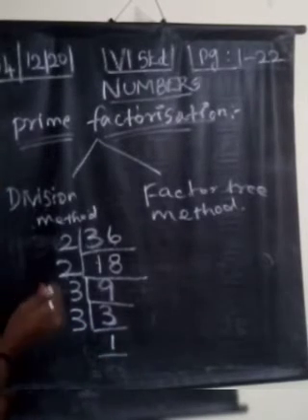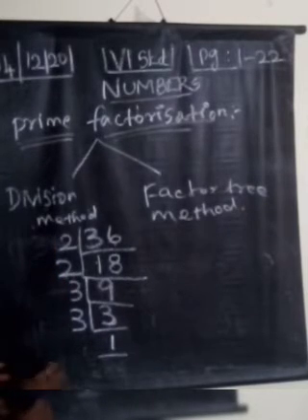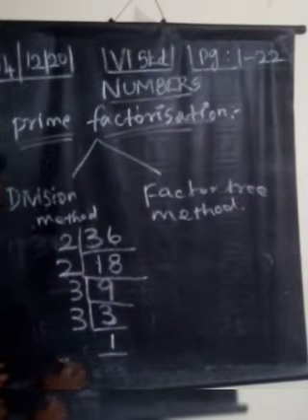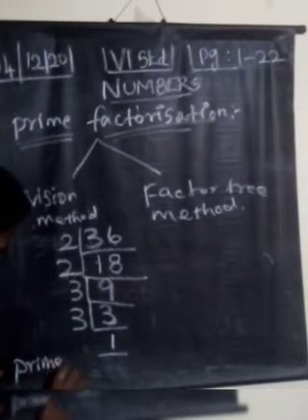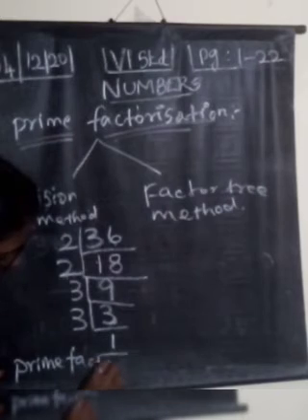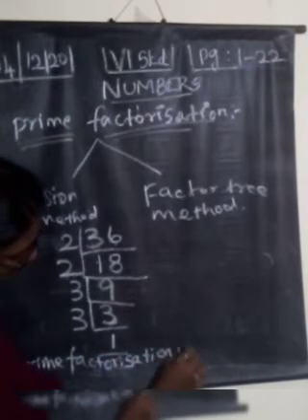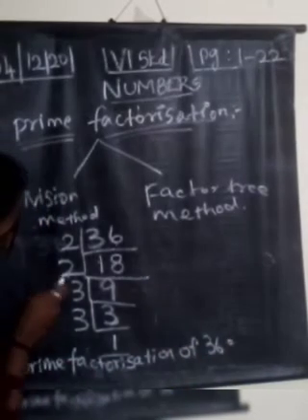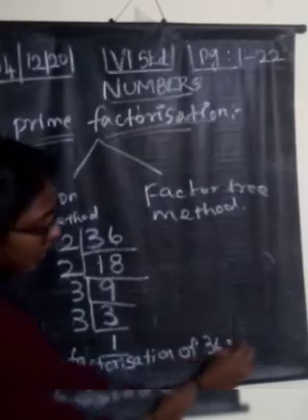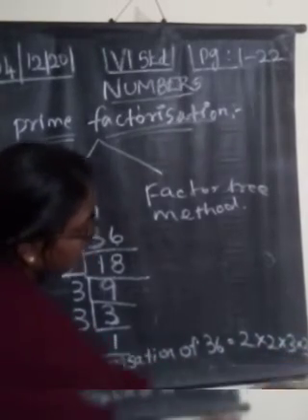So by the division method, the prime factorization of 36 is equal to 2 into 2 into 3 into 3.